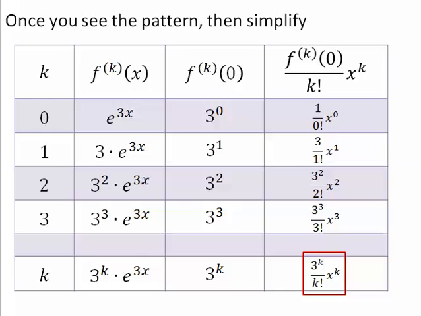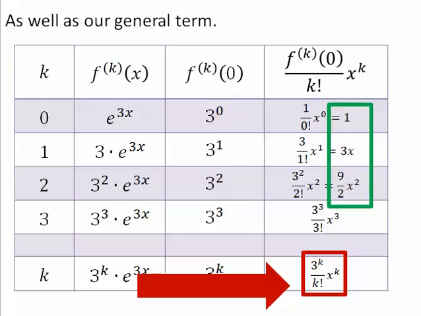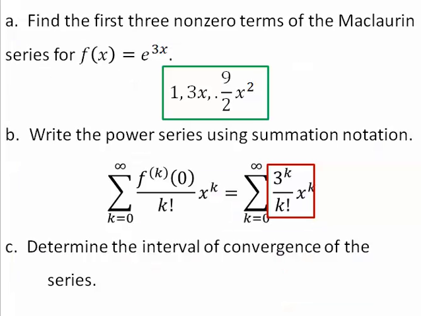So now that I have my general term, I simplify it, and I simplify it so that I can answer step A for my math lab. However, doing it the way I did it, I've also answered step B. So the green gives me step A, the red gives me step B, and this is what I have.